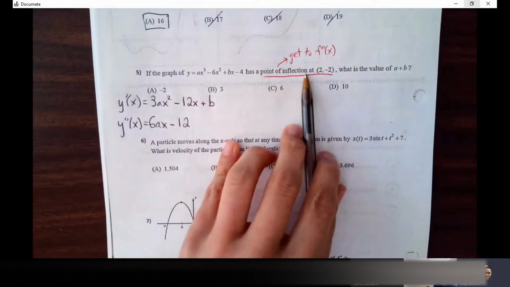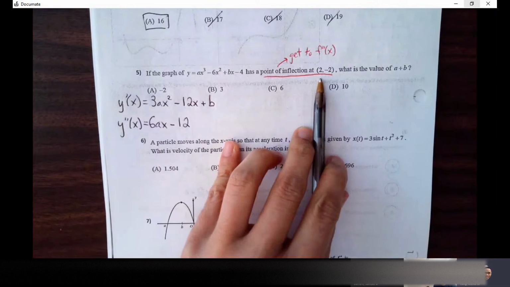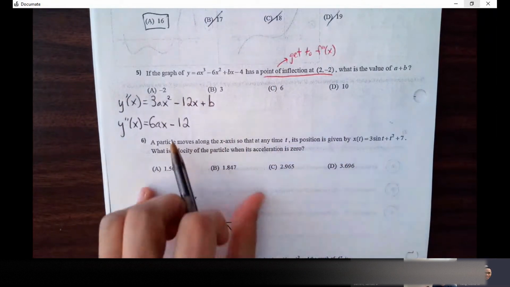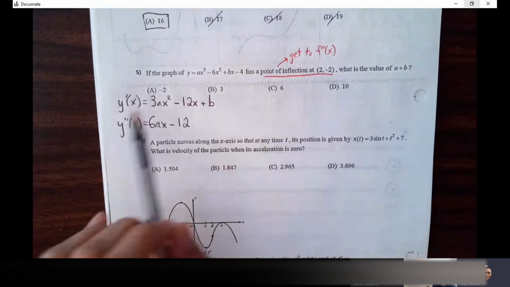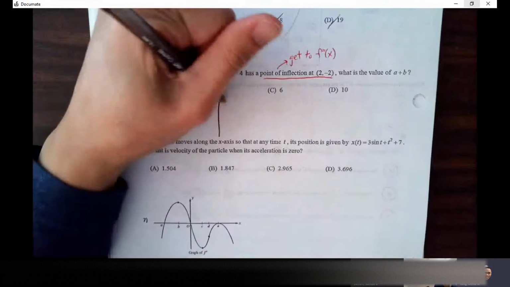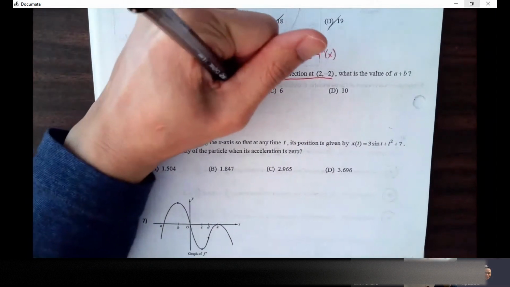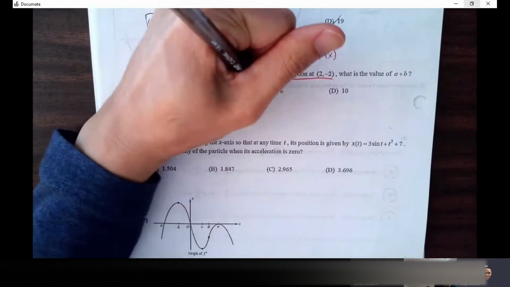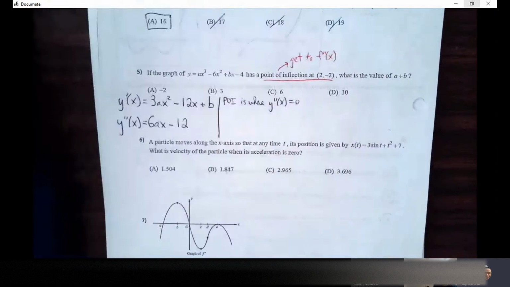Now, if there's a point of inflection at 2, -2, what that means is that I can plug 2 in for x, and I should be able to set my y double prime equal to 0. So point of inflection is where y double prime is equal to 0.